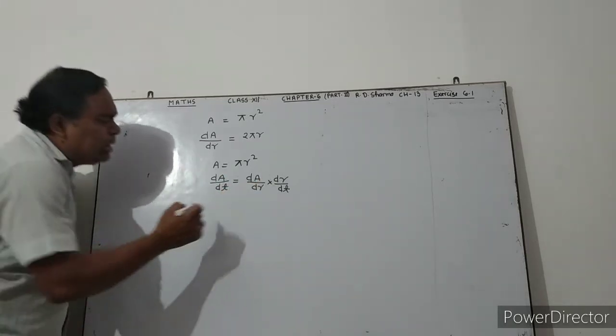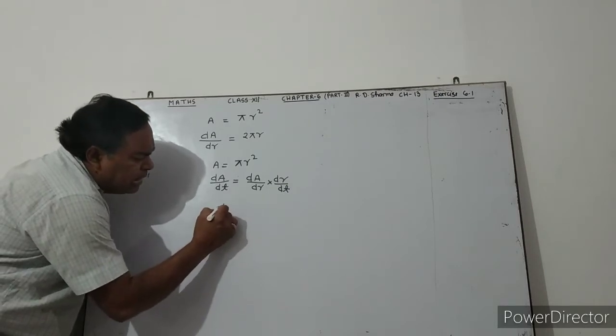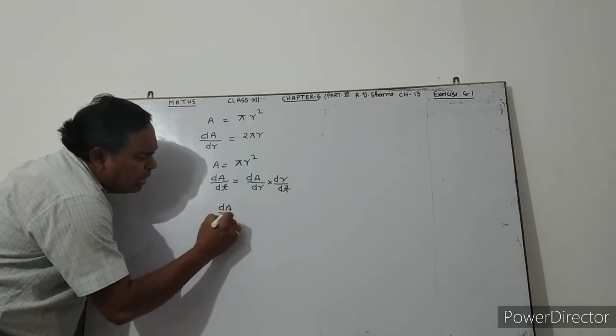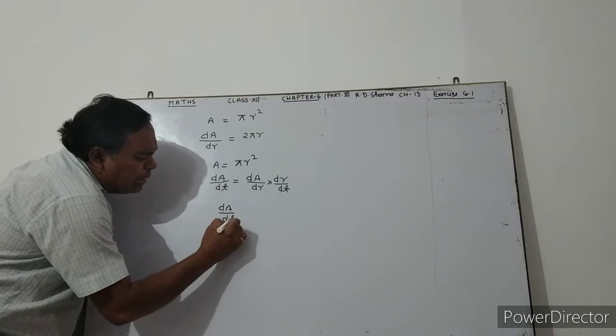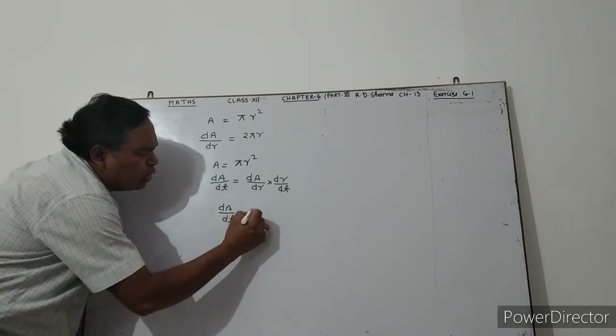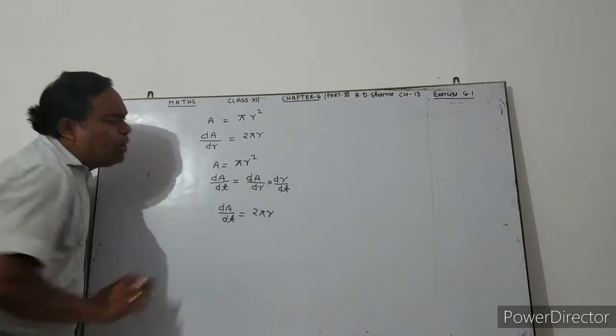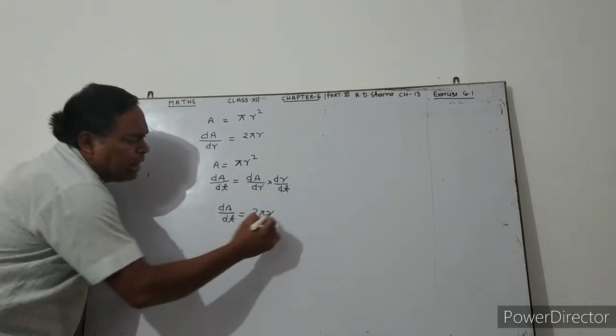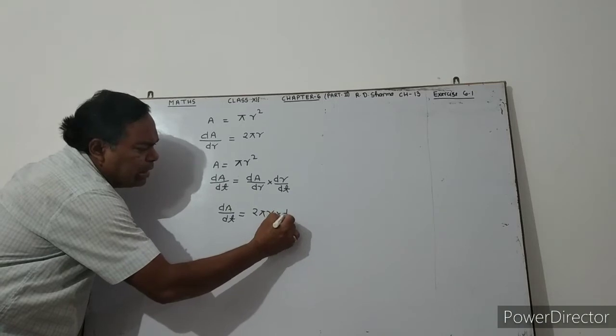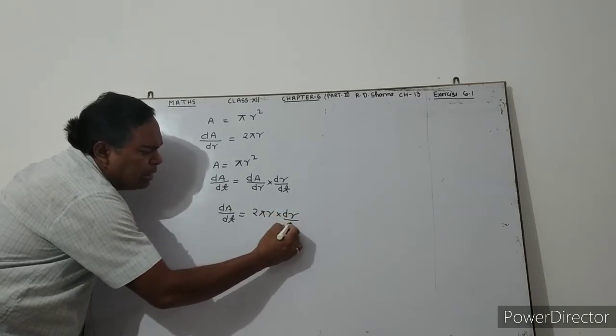Now, then dA upon dt is 2 pi r into dr upon dt, since dA upon dr is 2 pi r.